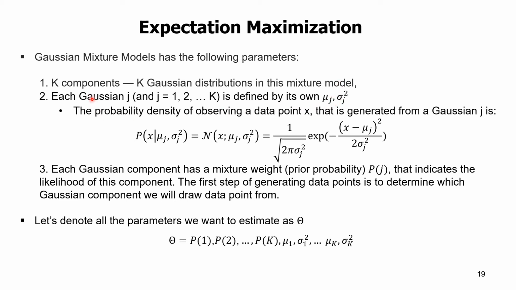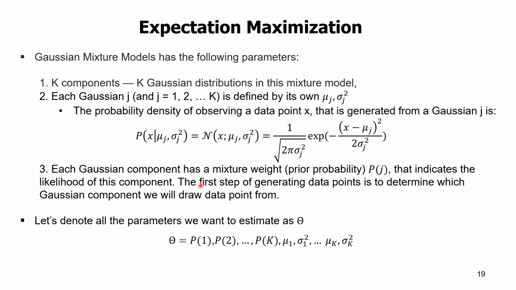By definition of Gaussian, the probability density of observing data X given these parameters is defined as follows. And actually each Gaussian has one more parameter called the mixture weight P of J. If you remember, in the Gaussian mixture model, the way you generate data is the following.